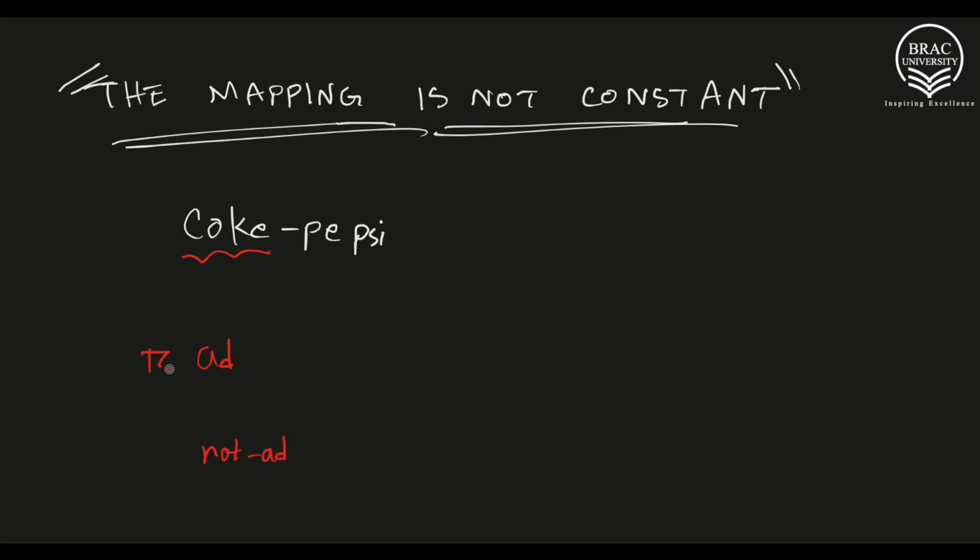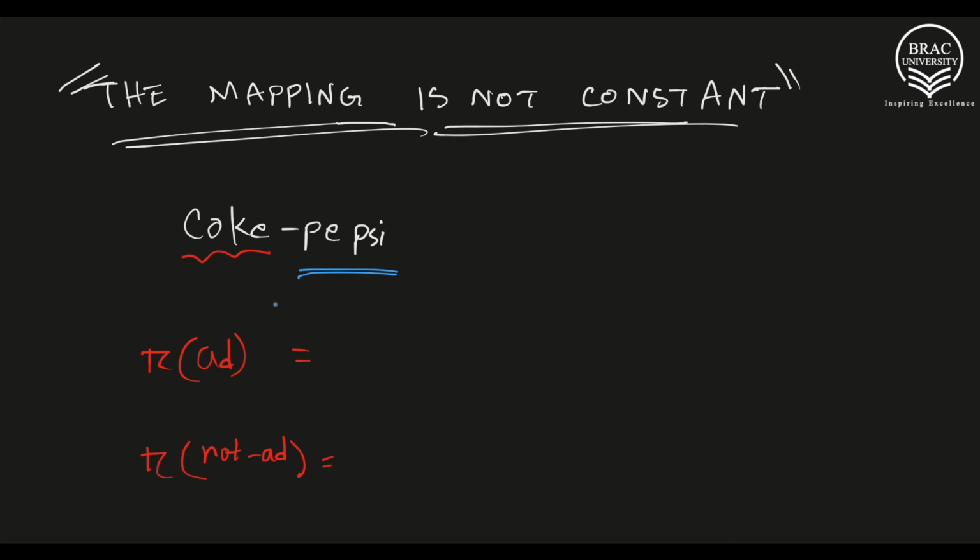So we want to know what the payoff for advertisement would be and what the payoff of not advertisement would be. If you remember from the previous video, this payoff depends on whether Pepsi decides to advertise or not.